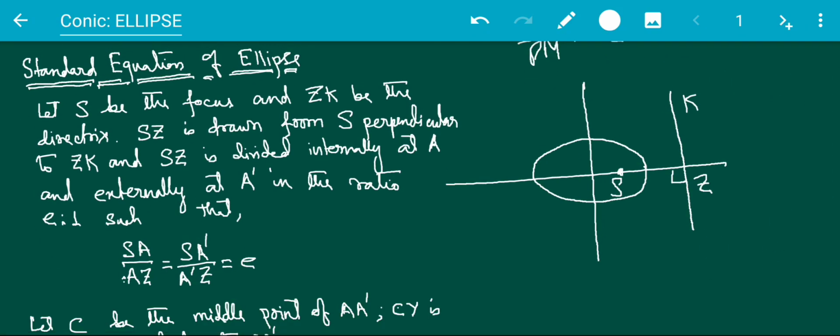Now this curve is an ellipse. Let S be the focus and ZK be the directrix. So this is the focus and this is the directrix.